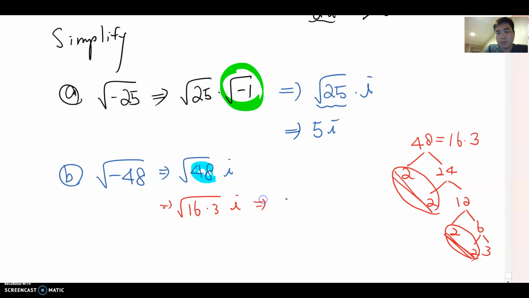So this becomes 4 root 3 times i here. Last time we just talked about i being located in front of the radical value but behind the rational value. So this value is located between 4 and root 3. So this becomes 4i root 3.